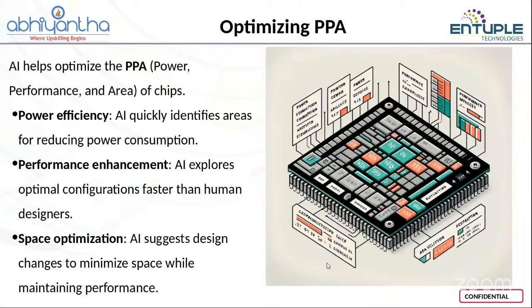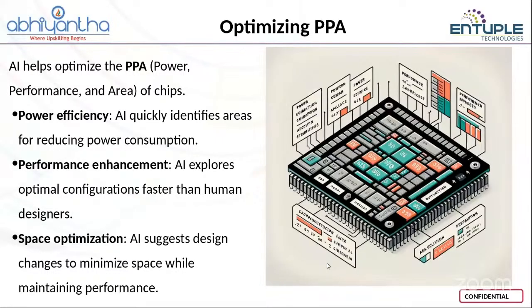AI quickly identifies the areas where we need to do optimization and reduction of power and performance level, that is speed. Compared to how we do the optimizations ourselves, AI will do more optimization.